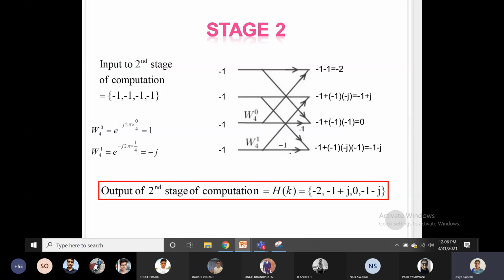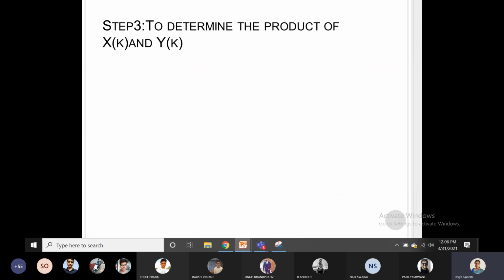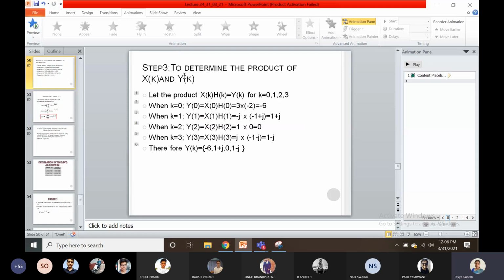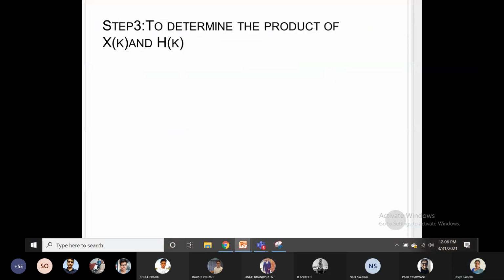So you obtained x of k and h of k. Now we know that the circular convolution is multiplication of x of k and h of k. So you need to determine the product of x of k and h of k.